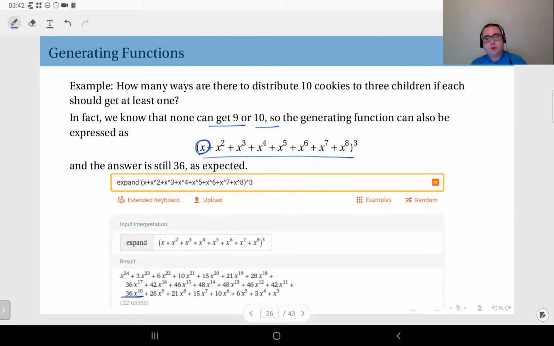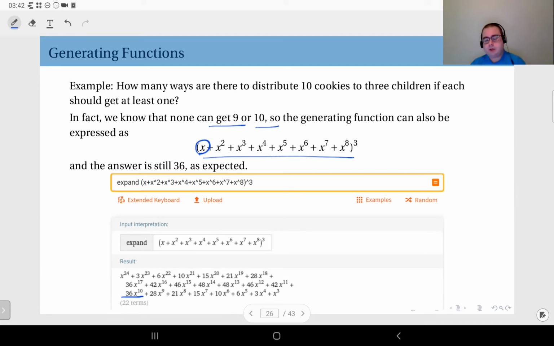However, you can also look at this from the other way around. Does it make my life easier to actually exclude them or include them? Because in either way, I get the same result. So if it is easier, maybe if you are doing it by hand on paper, maybe you would like to work with less number of terms, so then exclude them.